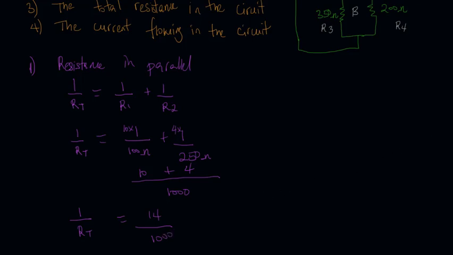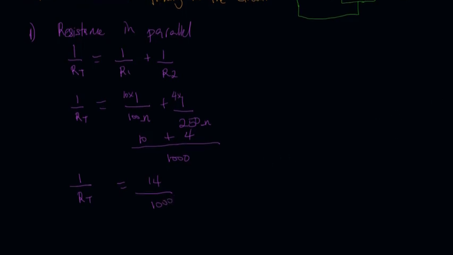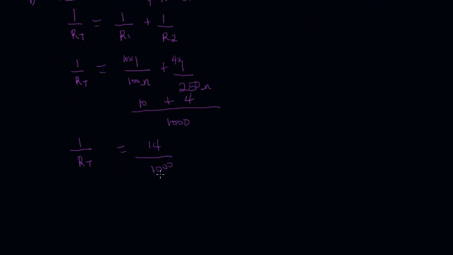Now if we were to go ahead and divide this answer here, we would actually get the inverse of the total resistance, because as you can see on the left side here, we have 1 upon RT, which is the inverse of the total resistance in the parallel loop. So to find RT, we simply flip both sides. So we have RT is equal to 1000 divided by 14.